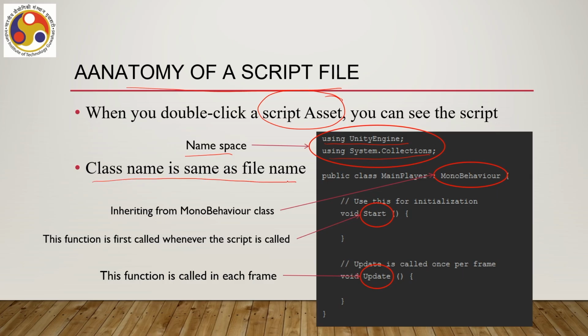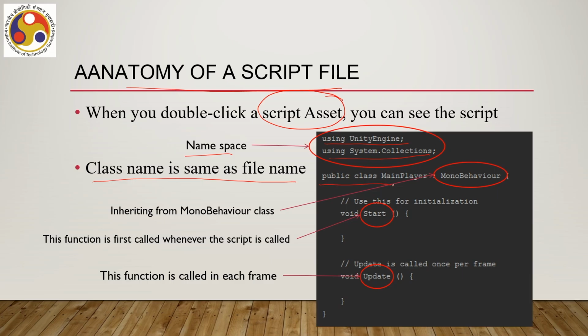Recollect that C# is an object-oriented programming language, so it relies on the concept of class. We are not going to discuss what a class is, assuming that you already have some idea of class.